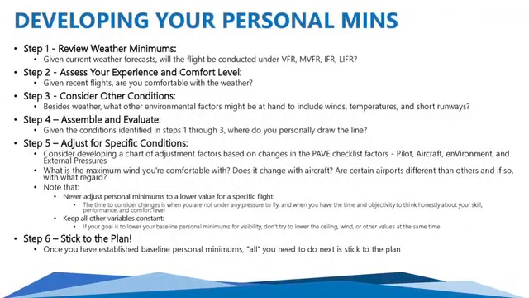Number one, look at the weather minimums that are out there. Remember the VFR, marginal VFR, IFR, low IFR terms that we use. What are you comfortable with, and what are you capable of doing? In addition to that, look at the other conditions besides weather. This will include winds, temperature, short runways, anything along those lines, even narrow runways. That's also important.